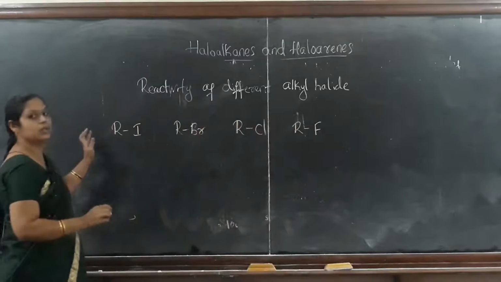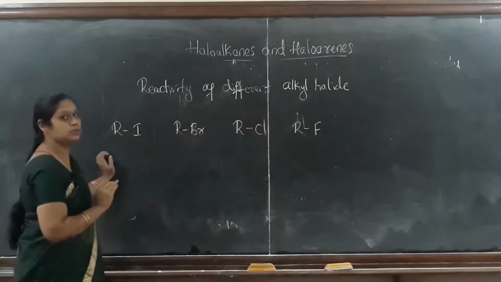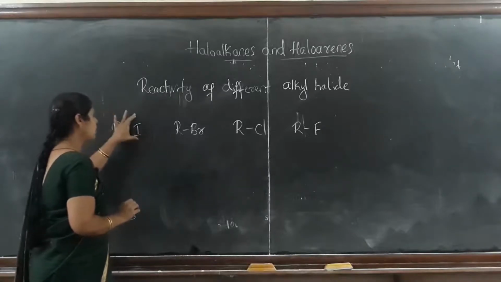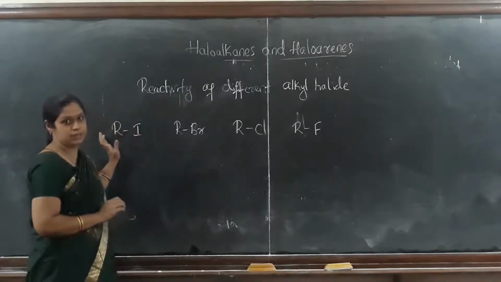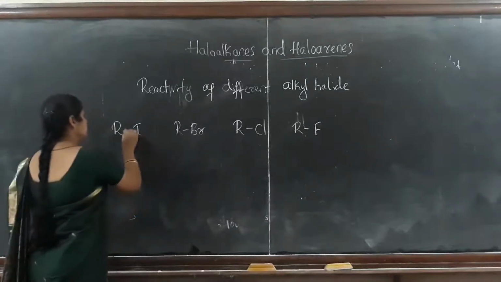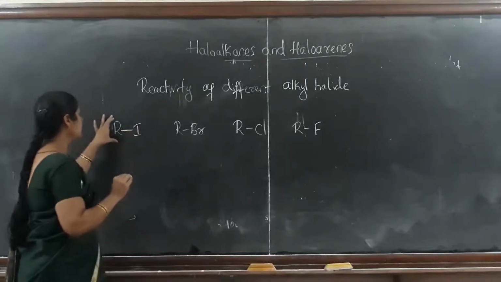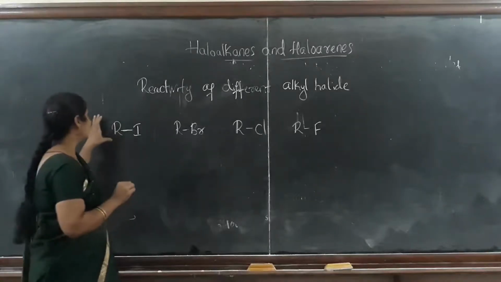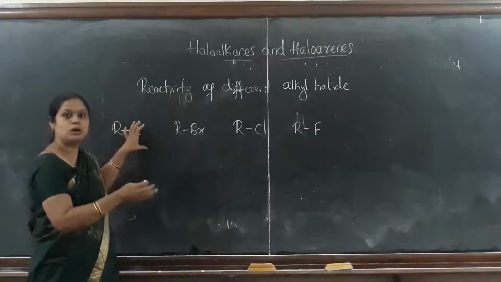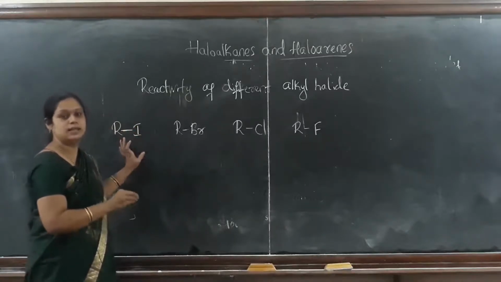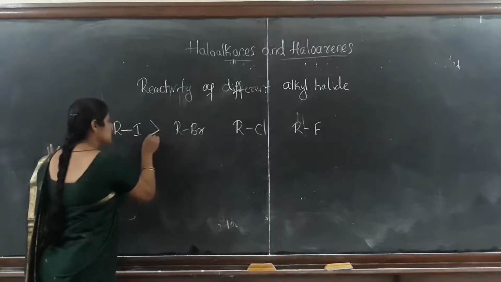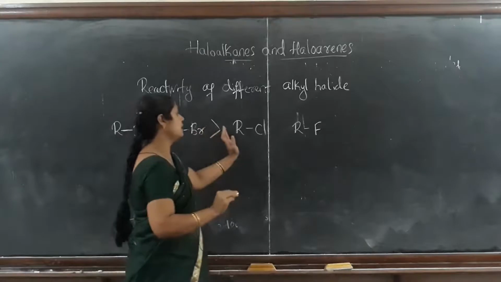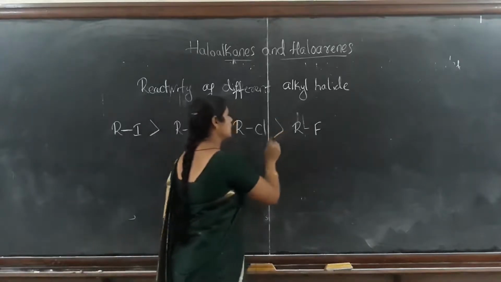For a nucleophilic substitution reaction to take place, there should be a breakage of the halogen-carbon bond. The bond length between the halogen and carbon is more in alkyl iodide, hence the bond strength is less. Hence alkyl iodides are more reactive than alkyl bromides, and they are more reactive than alkyl chlorides.